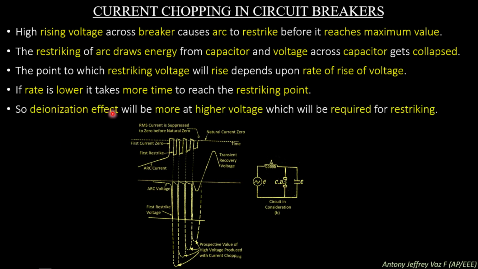So the deionization effect will be more at higher voltage, which will be required for restriking. The deionization present in the circuit breaker contacts will be very high, and this higher deionizing effect makes the circuit breaker initiate another arc, and this arc will be caused due to the capacitance voltage.